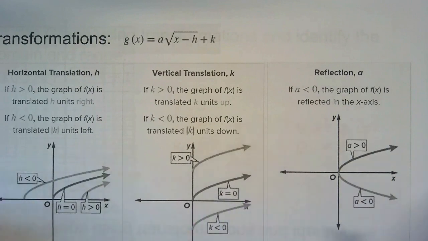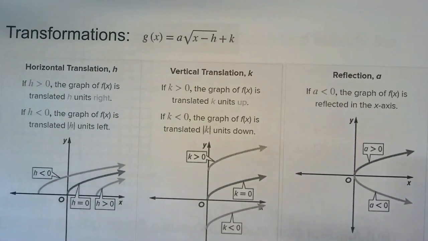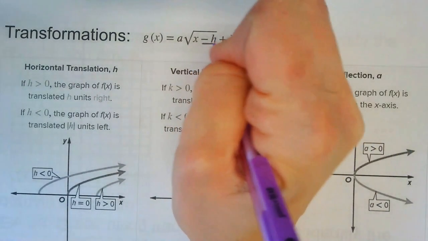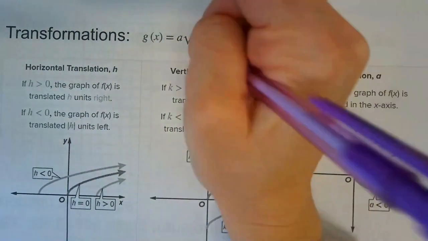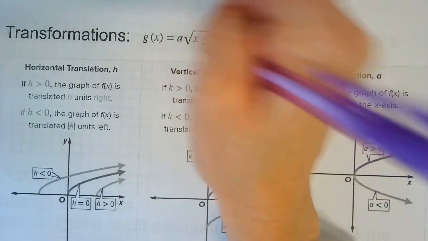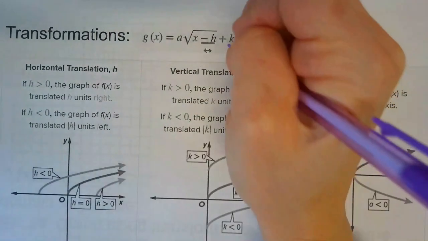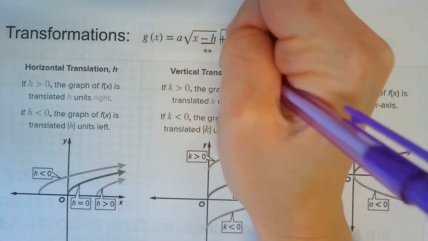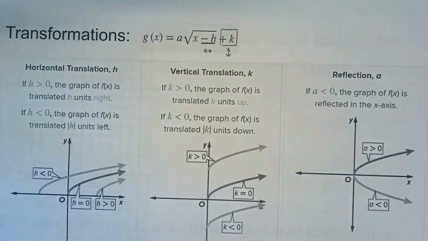We're going to use transformations to help us figure out where our function is going to lie on the graph. So remember, this number on the inside of our symbols is going to shift us left and right. This number on the back side is going to shift us up and down.